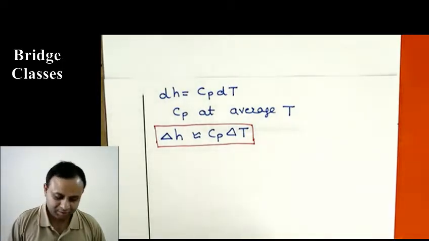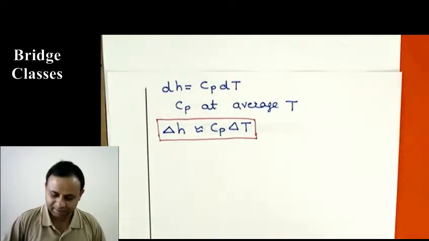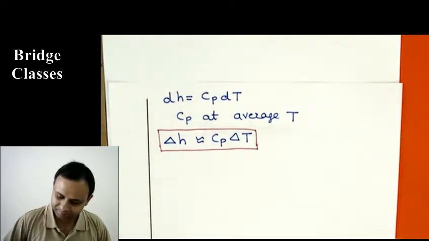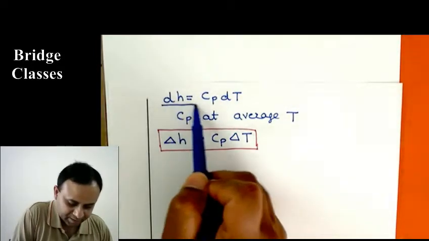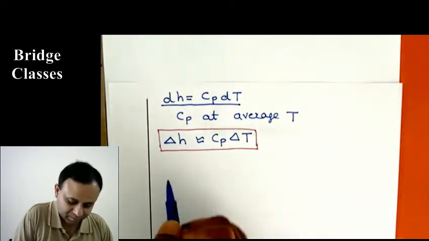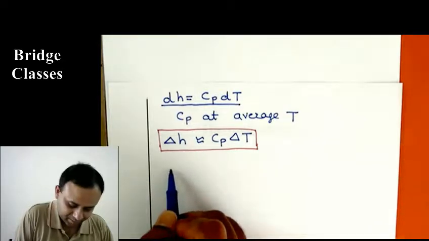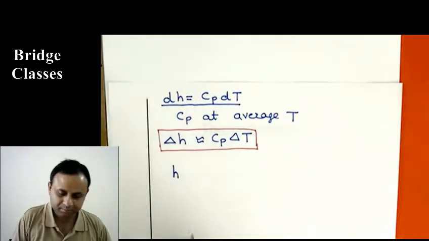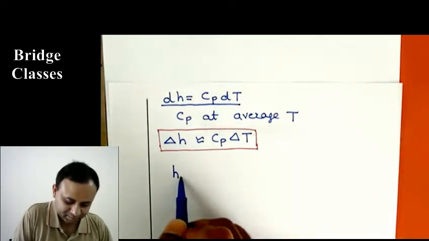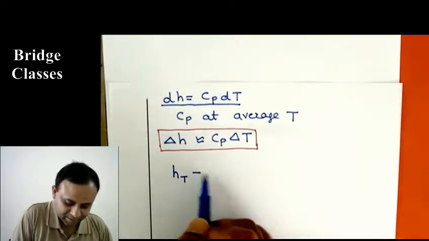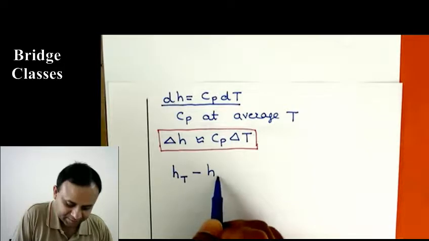The other option is we retain it as it is. So we are keeping dH is Cp dT, and then we are writing enthalpy at any temperature T minus enthalpy at some reference temperature.